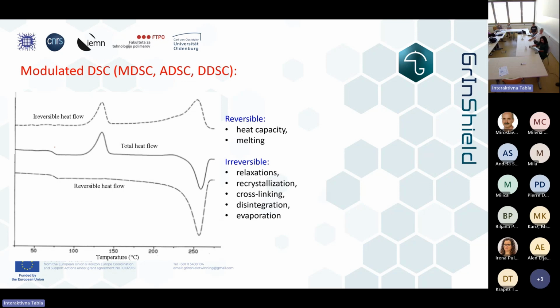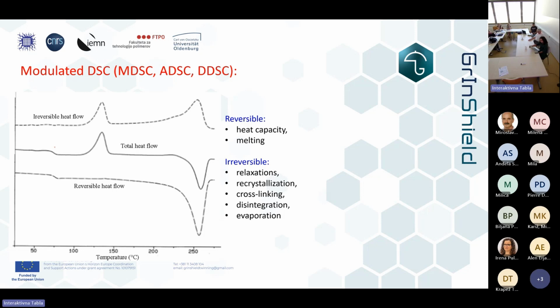Normal, I can say that it's not really totally normal, because this is usually taken at a small average heating rate, smaller, not 10 degrees or 20, but maybe 2, 3, or maybe 5. So it's a bit different than normal.